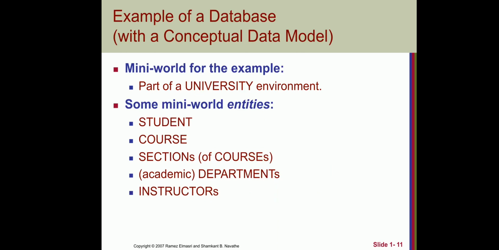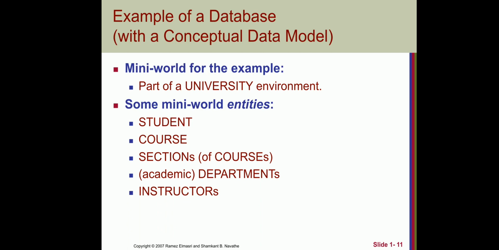Now let us consider an example of a university database. We are familiar with this university database. We will consider a mini world as a university over here, that is, we are going to restrict our database to only one university. So that's a mini world for us.